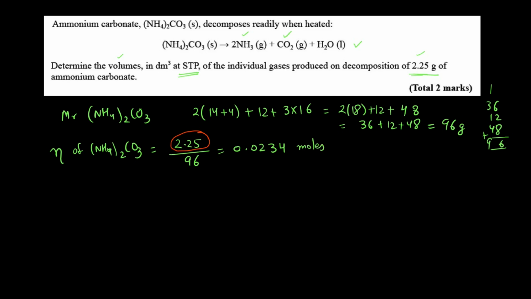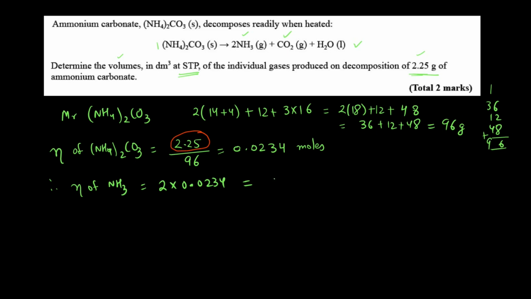Okay, so 1 mole of ammonium carbonate is giving me 2 moles of ammonia and 1 mole of CO2. So therefore the moles of ammonia formed will be 2 times 0.0234.